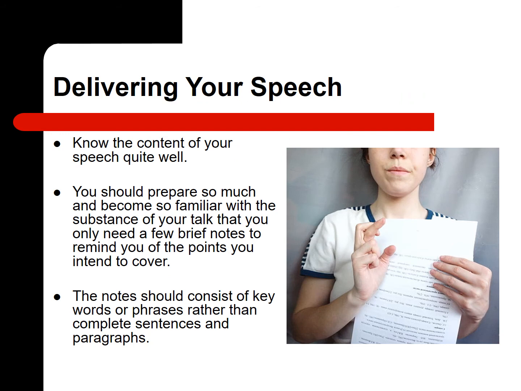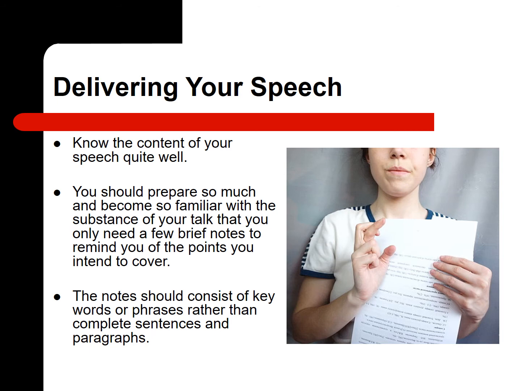Delivering your speech. You need to know what you are going to talk about. That's what that pre-preparation is for. But you also want to be able to kind of go off of your notes. You don't want to be dedicated to your notes. So you need to know what you're talking about really well, so that you don't have to look down at your cards constantly.